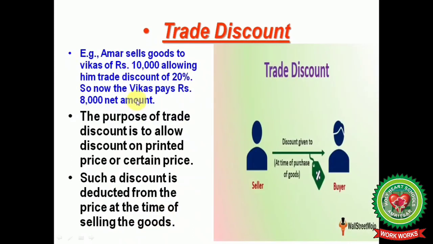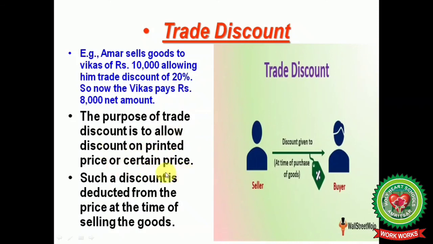Next is trade discount. For example, Amar sells goods worth rupees 10,000 to Vikas, allowing a trade discount of 20%. So now Vikas pays rupees 8,000 net amount, and that is called a trade discount, which is promptly given to the various consumers according to their reputation and their orders. The purpose of trade discount is to allow discount on a printed price or a certain price.